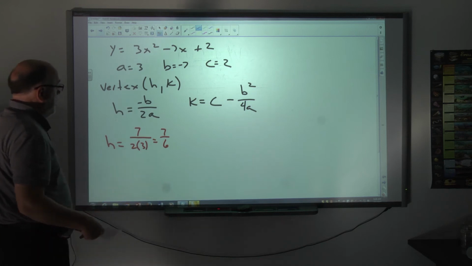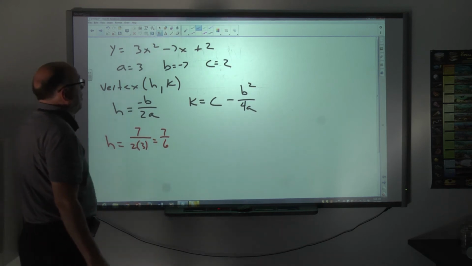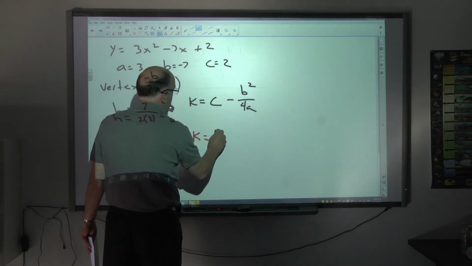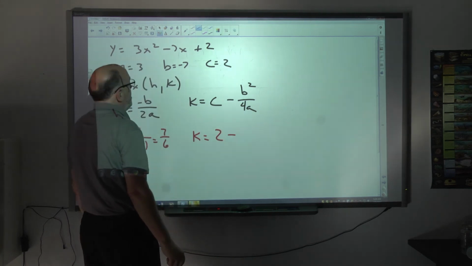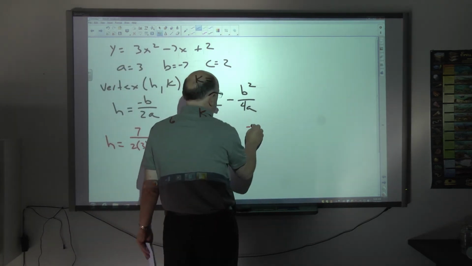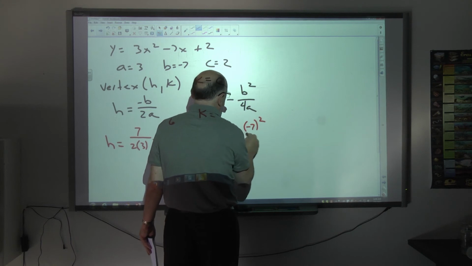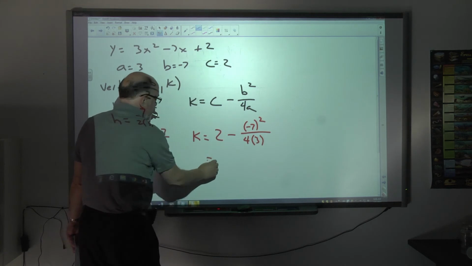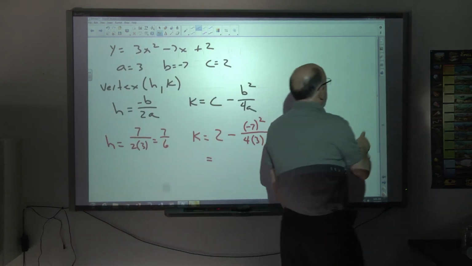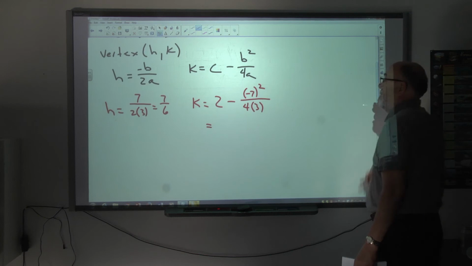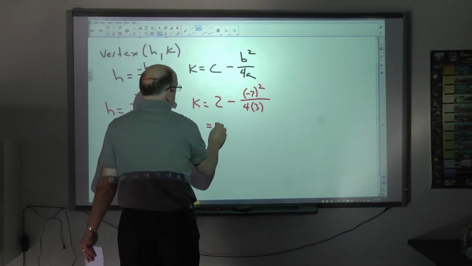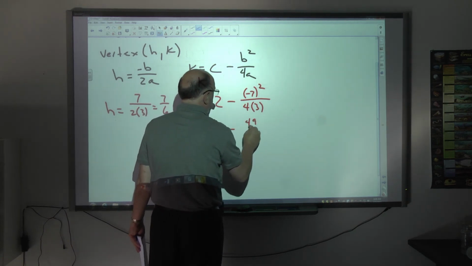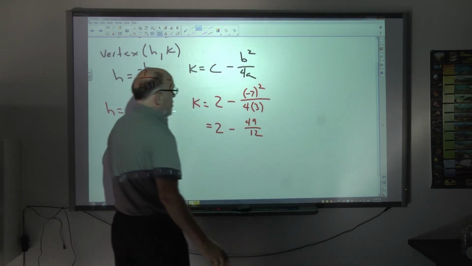Now we want to find the k, the y value. The k value is c, which is 2, minus b squared over 4a, so negative 7 squared over 4 times 3. Negative 7 squared is 49, so this is 2 minus 49 over 12.